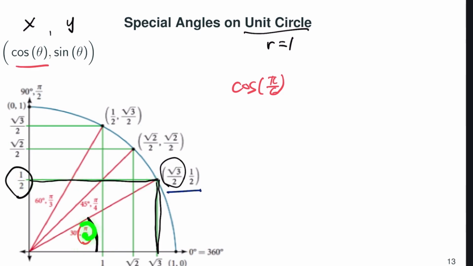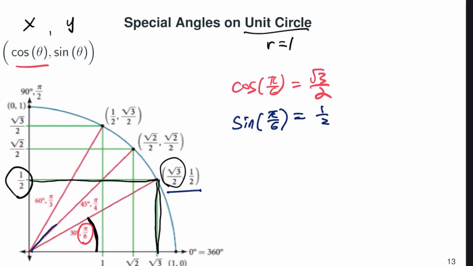So cosine of pi over 6 is this distance, which is square root of 3 over 2. So then we can also find sine of pi over 6, which is, for this angle, the terminal ray is here, so sine is this distance divided by 1, which is just half. So that's how we find sine and cosine of pi over 6.